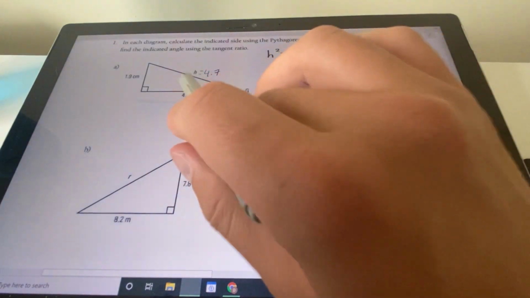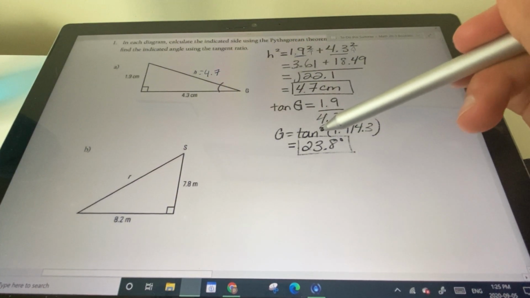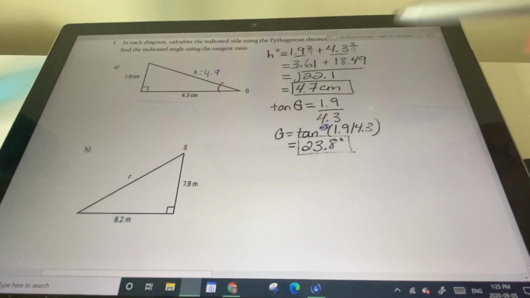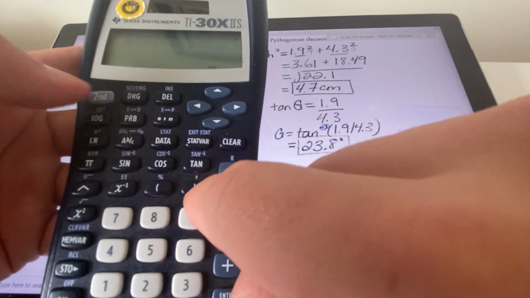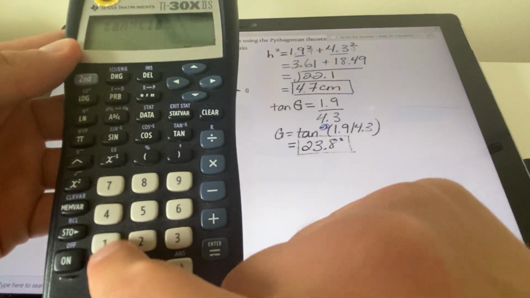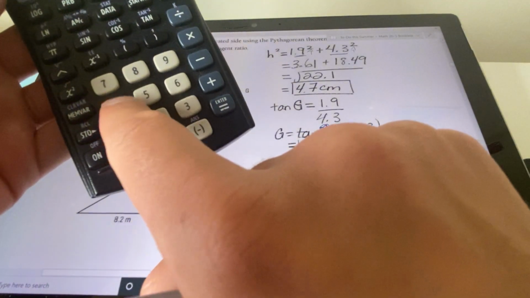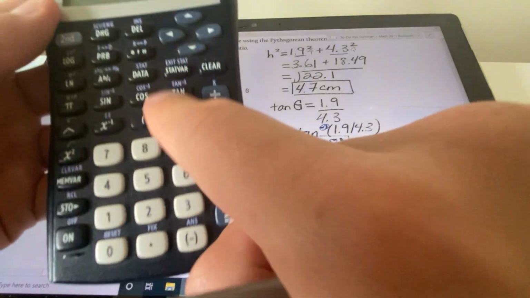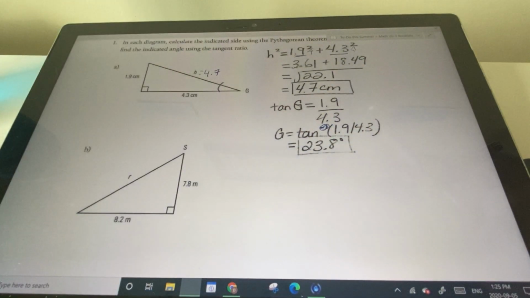The adjacent, which is not the hypotenuse, is 4.3, so they put it on the bottom. And they had to use inverse tan. They had to do tan negative 1, which is found here, second tan. And they put 1.9 dividing 4.3. And they got a solution of 23.8 degrees.